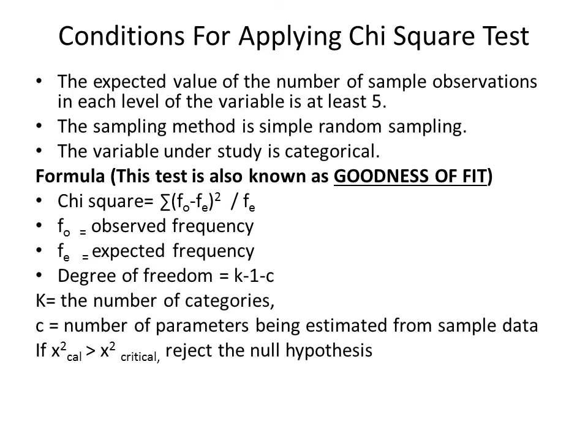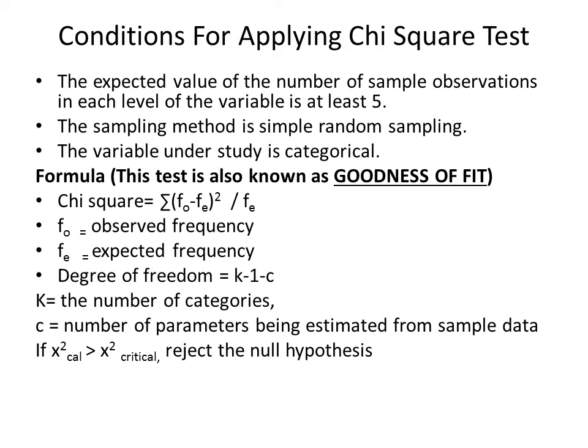In such a case, we need to pool the frequencies which are less than 5 with the preceding or succeeding frequencies so that the sum of the frequency will be 5 or more. That means we need to have expected frequency more than 5.